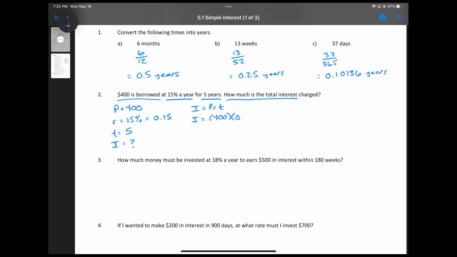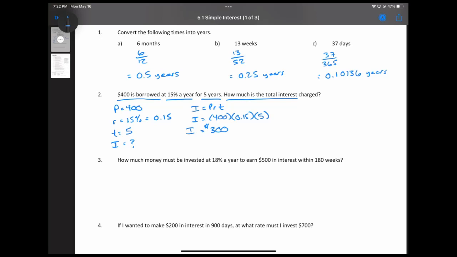R is 0.15. And T is 5. So if I punch all that into my calculator, 400 times 0.15 times 5, that equals 300. So what that means is that we just built $300 of interest. Pretty straightforward.